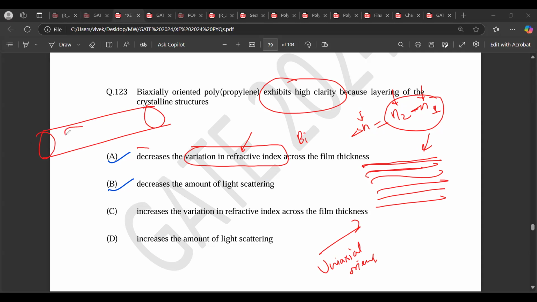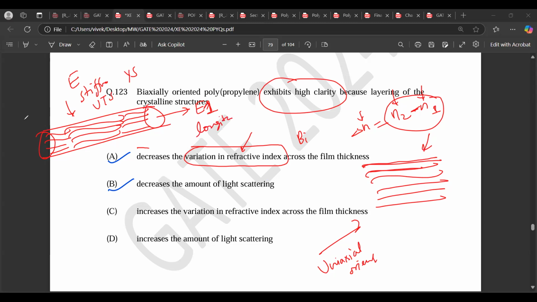In the fiber, you see most of the chains are oriented in the fiber direction. That's why they have very high elastic modulus, very high stiffness, very high tensile properties, very high yield strength, in the longitudinal or fiber direction.